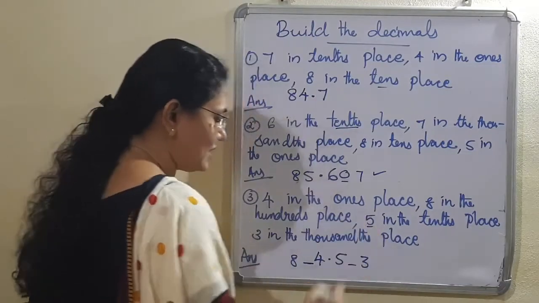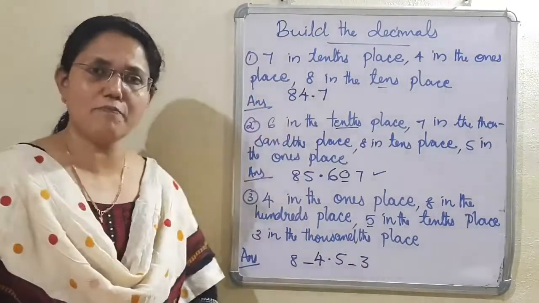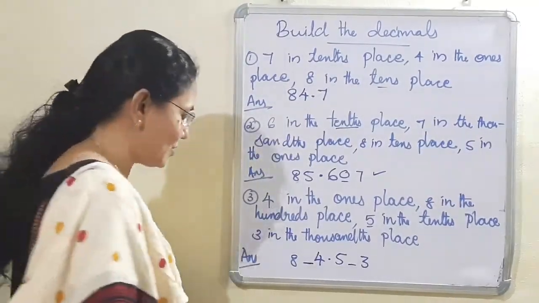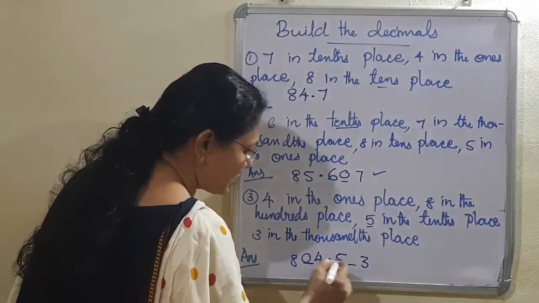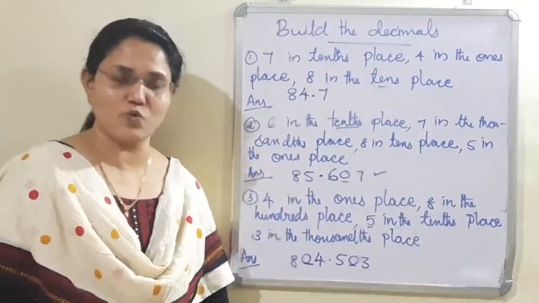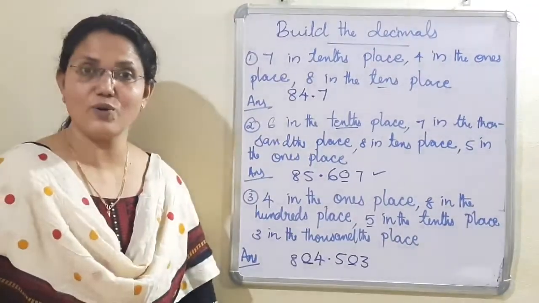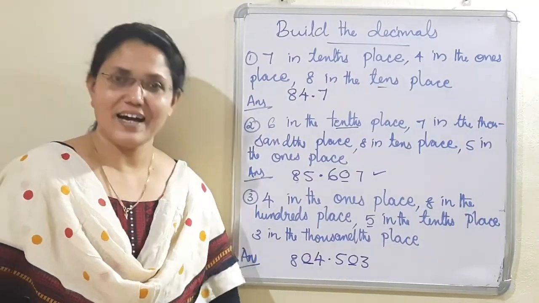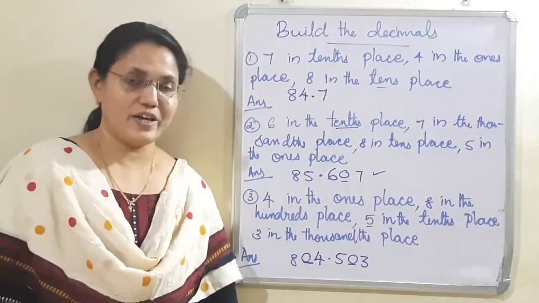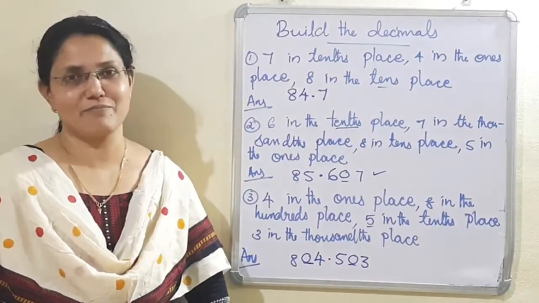Thousandths place, the digit is what? 3. Now, in between these digits, if any place is not given, what to do? Yes, we must write there 0. Therefore, the digit that comes here is 0. Now, the decimal number is what? 804.503. Yes, children, I think all of you could understand how to build a decimal number if the digits and their places are given.